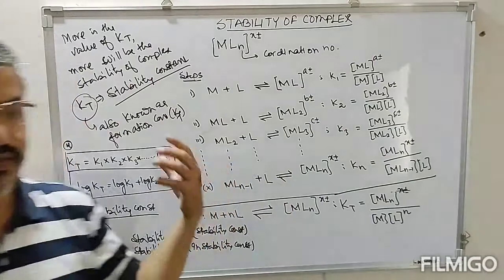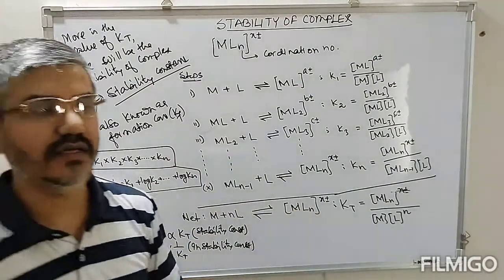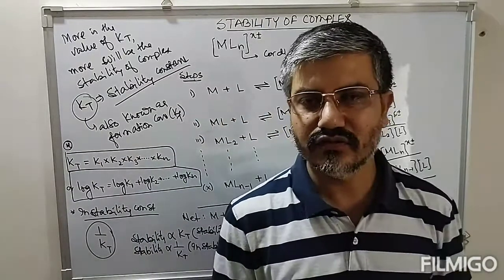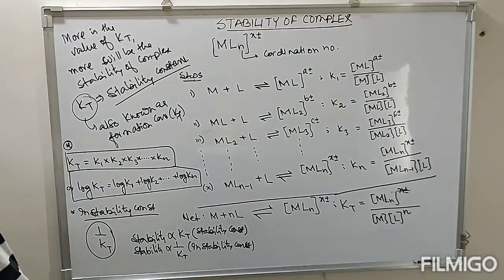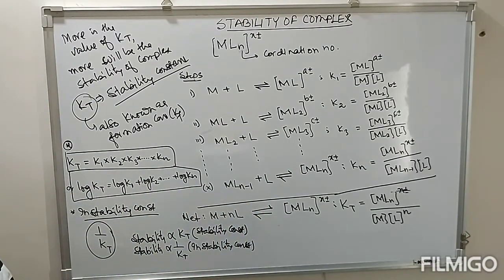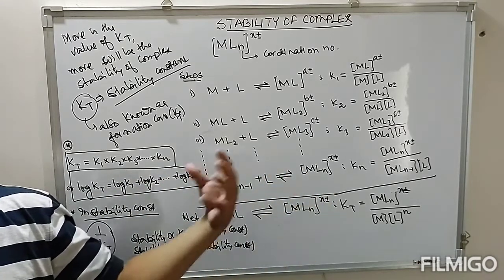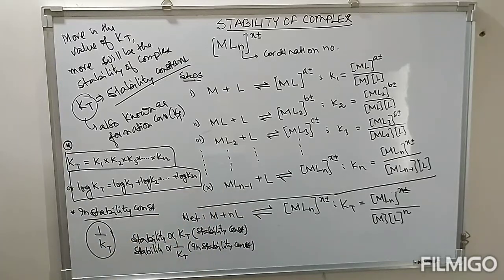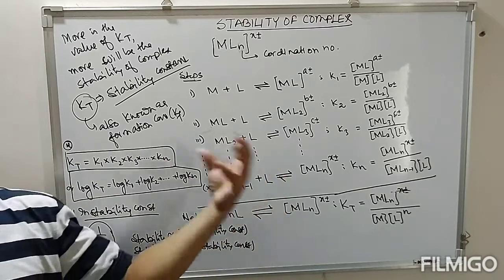Those properties which cannot be explained by valence bond theory, we explain by crystal field theory, which is more advanced. Then we explained why the metal carbonyl bonds are much more stable.